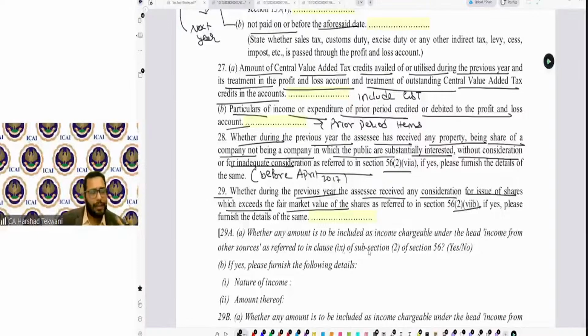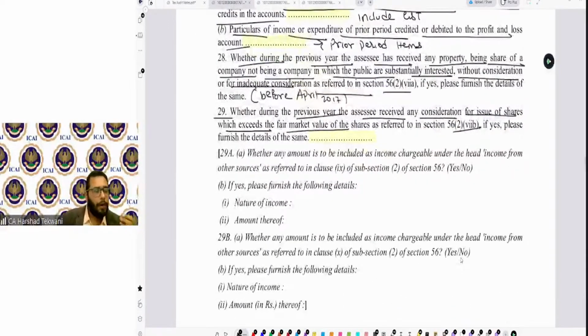When I talk about clause 29, it talks about whether during the previous year the assessee has received any consideration for issue of shares which exceeds the fair market value of the shares, referred in section 56(2)(viib). And if yes, then we need to provide the details for the same.